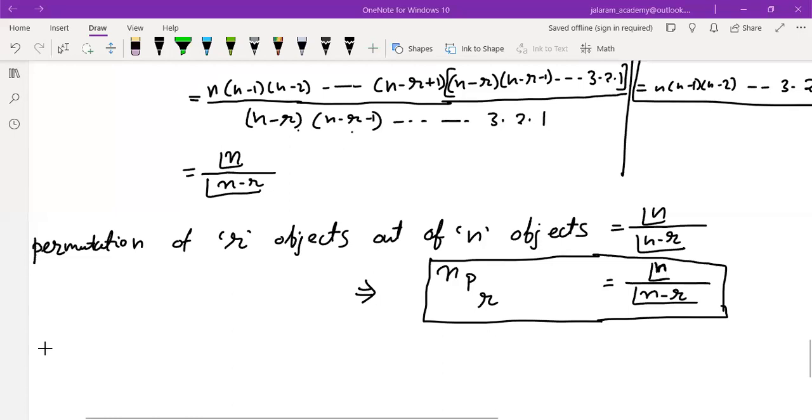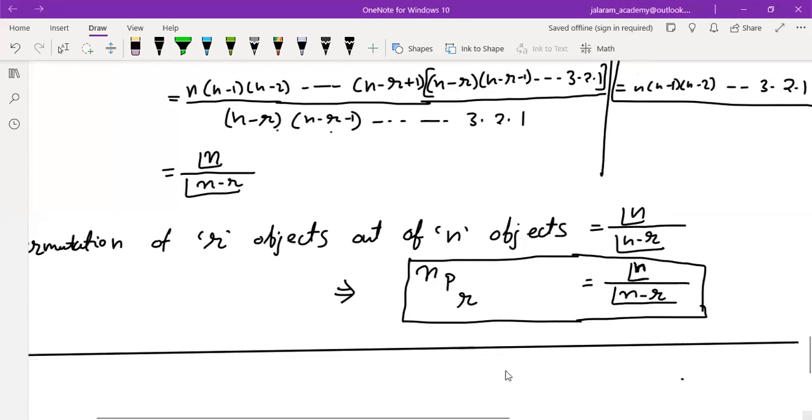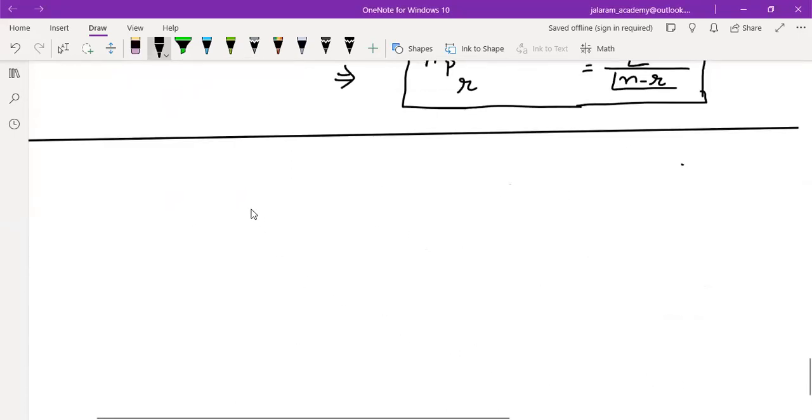So using this method, one thing which we have to remember is that factorial 0 is always 1. Factorial 1 is also 1. And remember, whenever there is nPn, it means the number of ways of arranging, not selecting.